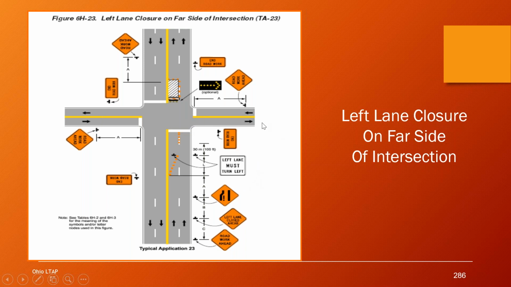The other directions of traffic only get a road work ahead sign because their movements really aren't affected by this work zone. The only people that are really affected are the people in the northbound left lane. So they need to get over and then decide whether they are turning left or going straight through. So that's how that's handled.